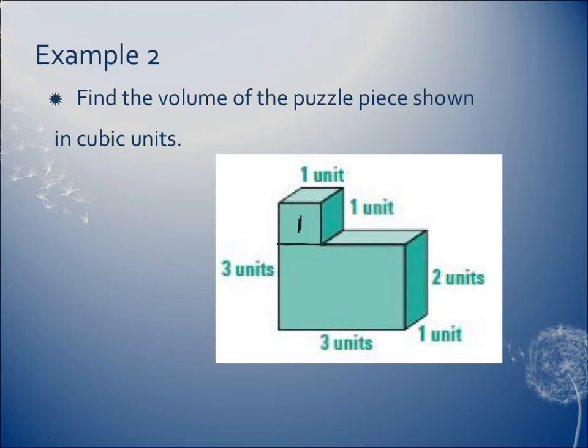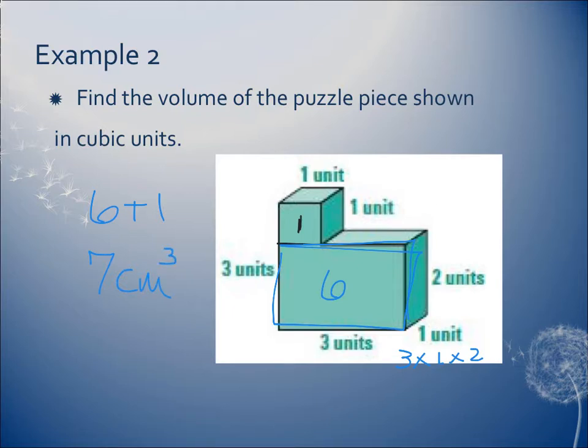And then I could find the volume of the larger of the two rectangles. I could multiply 3 times 2 times 1, and this is going to be 6 cubic units. And then I would add up each thing, and 6 plus 1 would give me 7 cubic units.